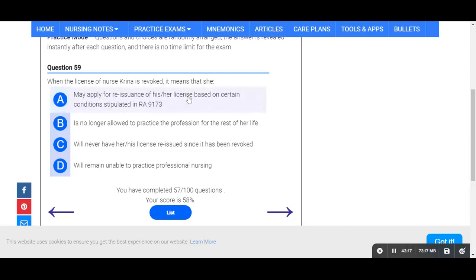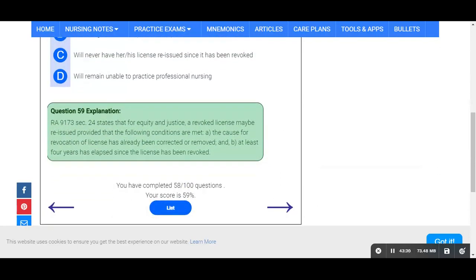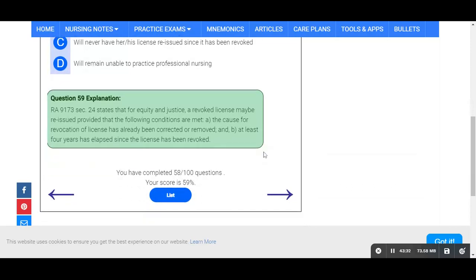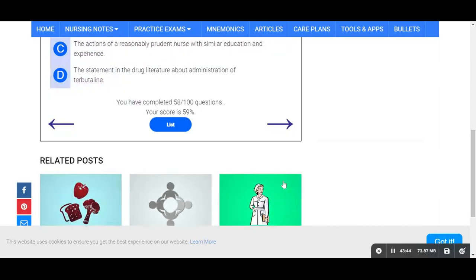I'm not sure about this, but I think you can once again apply for it. That's right. Republic Act 9173, Section 24 states that for equity and justice, a revoked license may be reissued provided that the following conditions are met. The cause for revocation of the license has already been corrected or removed. At least 4 years have elapsed since the license had been revoked.